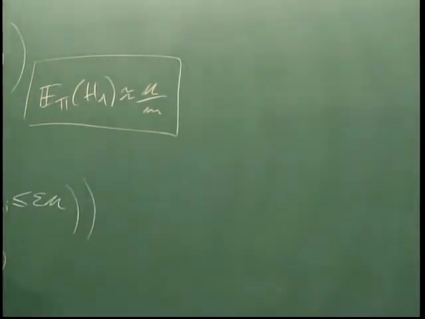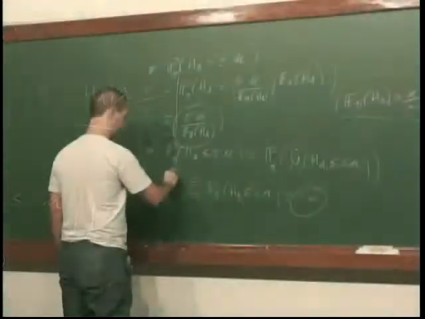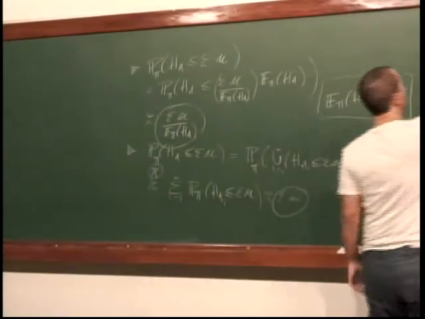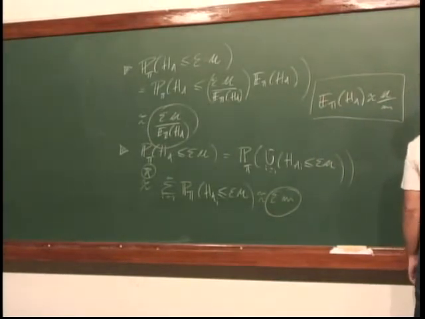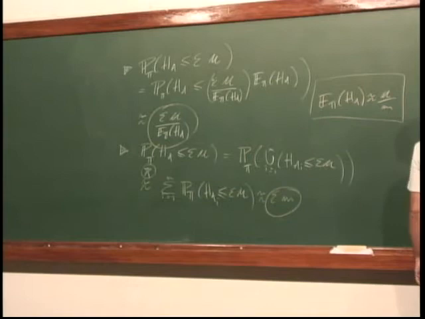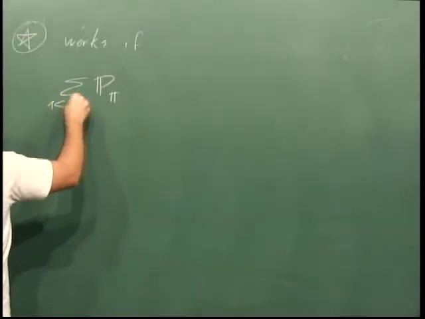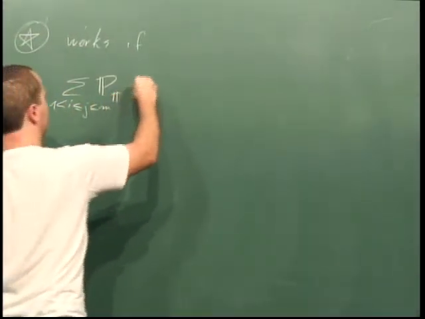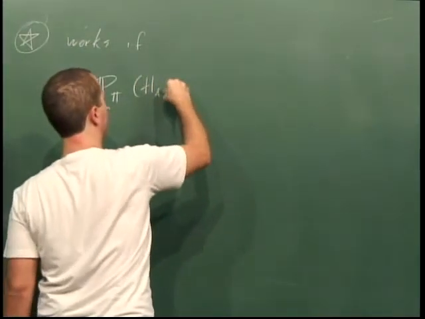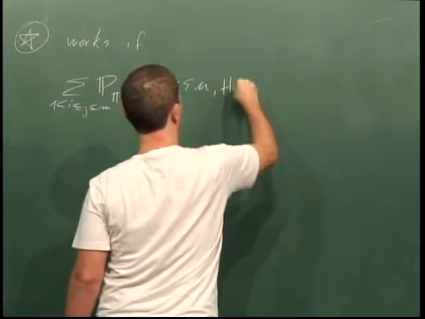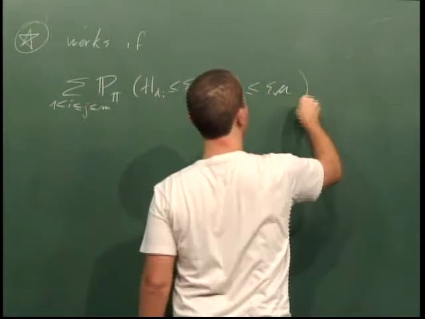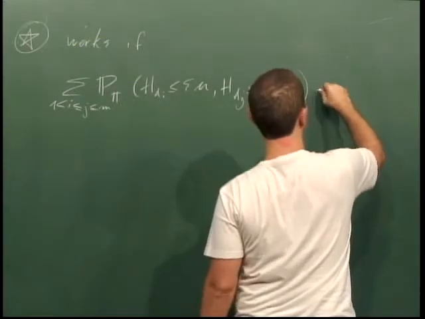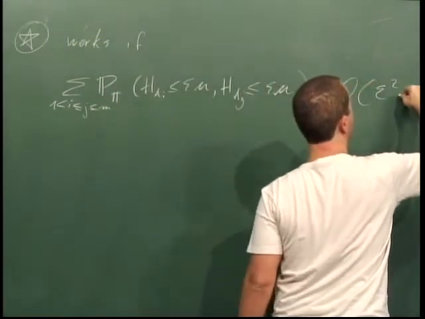So what do you need to prove to make this work? This is the sticking point. This works if this sum of probabilities happens to be of the order of epsilon squared times m squared.